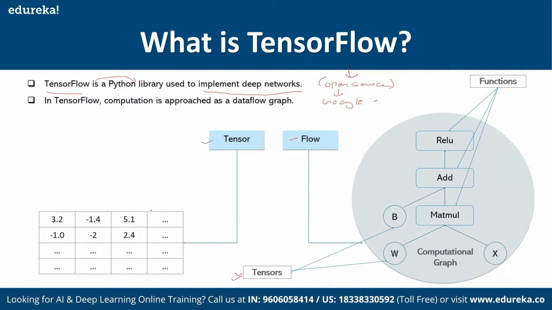A flow is made of these tensors. Different mathematical operations are applied, like matmul, add, ReLU activation functions, etc., on these tensors, and you can use them using the TensorFlow library.